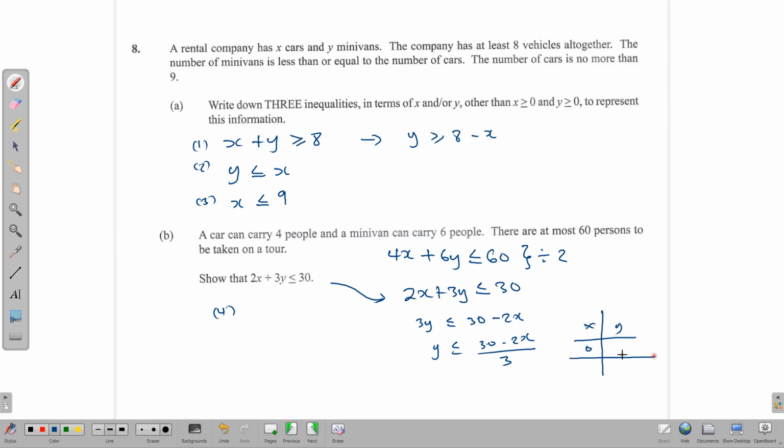If x is 0 here, then we are going to get 30 divided by 3, that gives us 10. And let's say x is 9, 2 times 9 is 18. If x is 9, then we have 30 minus 18, that's 12, and 12 divided by 3 gives us 4. So we have those 2 points that we can work with, 0, 10, and 9, 4.